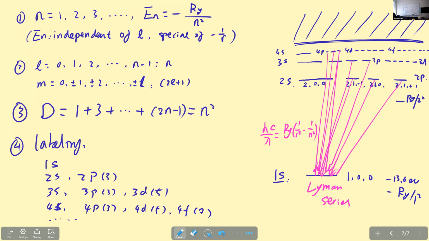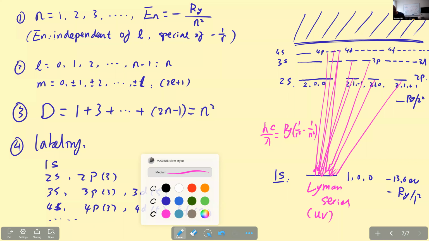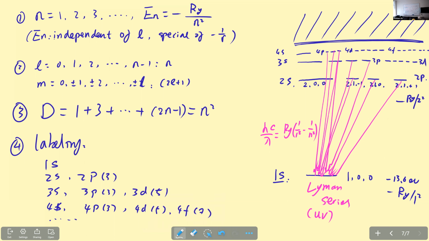This is actually the ultraviolet, it's UV. But of course, you can also have emissions to the 2s or 2p states. So you can have something like this.